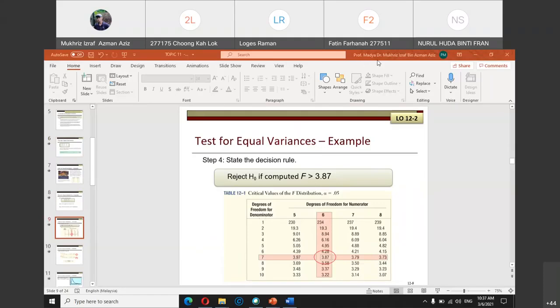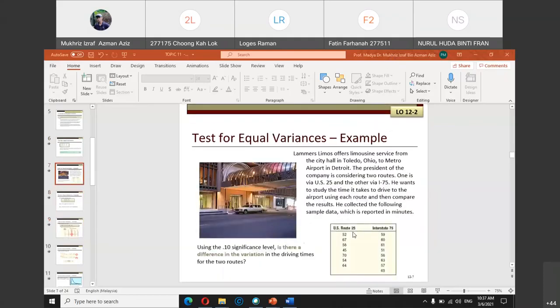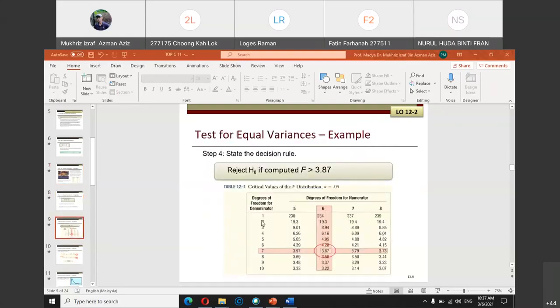Since we decided that route 25 will be the first sample and interstate 75 the second sample, 7 minus 1 is 6 for the numerator, and 8 minus 1 is 7 for the denominator. So this is how you refer to 6 versus 7.